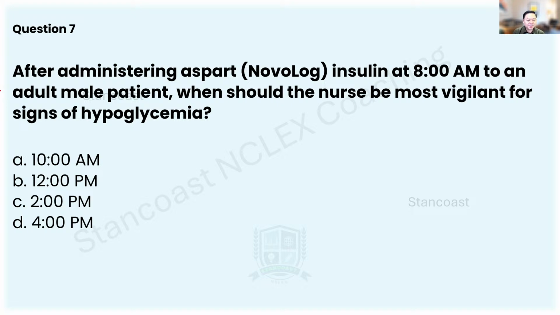If you had answered letter D, 4 p.m., take note that your patient received the dose at 8 in the morning. The clue here is to actually identify the time. You need to know the peak time of the Novolog insulin.